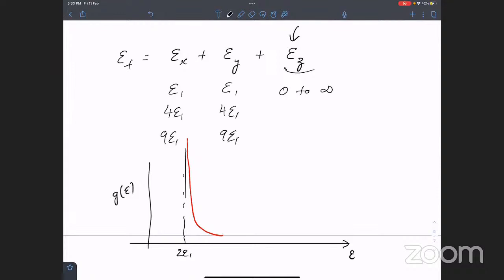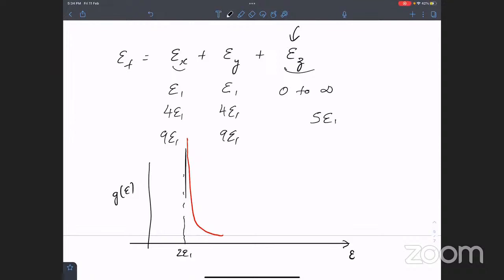But until when? The next possible energy is 5E1. And 5E1 I can split in two ways. Either Ex can be E1 and Ey can be 4E1, or Ex can be 4E1 and Ey can be E1.